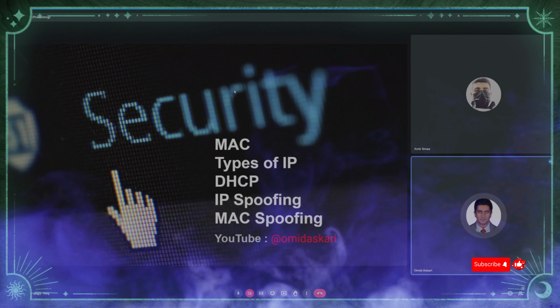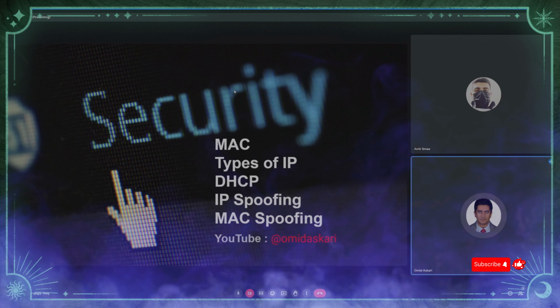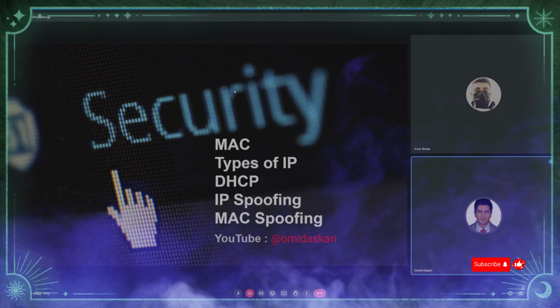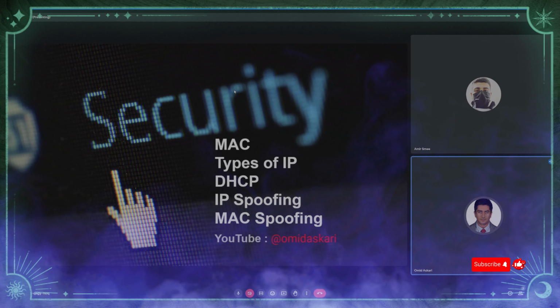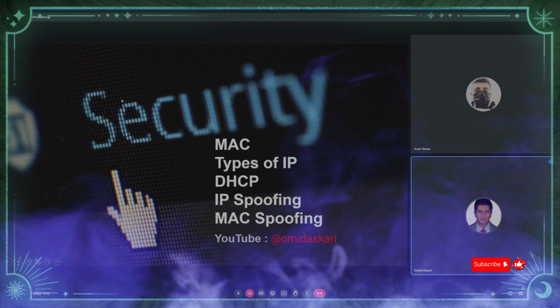This part is important. In summary, IDS focuses on detecting and alerting on security incidents, while IPS goes a step further by actively preventing or blocking identified threats in real time.